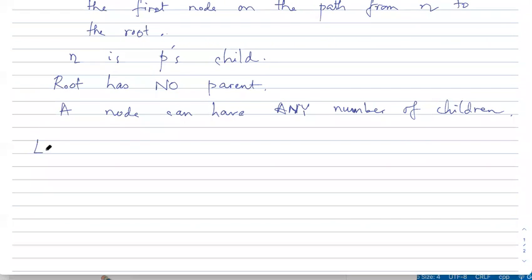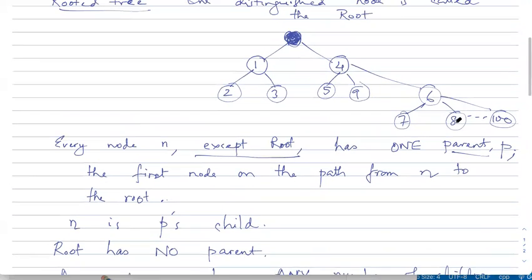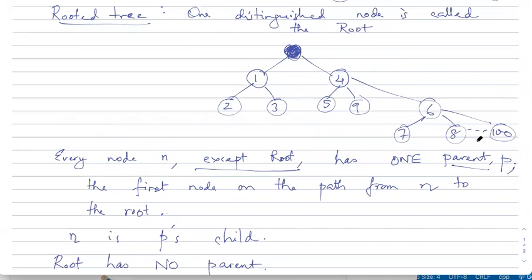So more definitions. These terminologies are important for us to get familiarized with, because they will be used quite conventionally when we are talking about a problem, talking about a solution, and so on. A leaf is a node with no children. So what is a leaf here? Can you tell me one leaf in this tree?